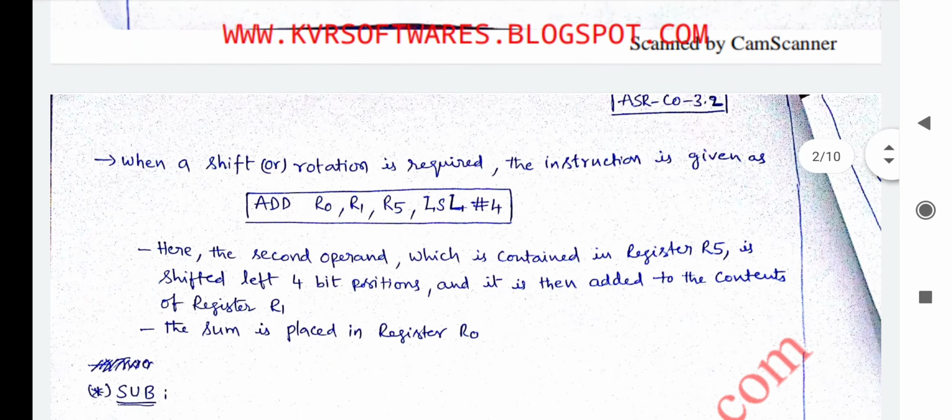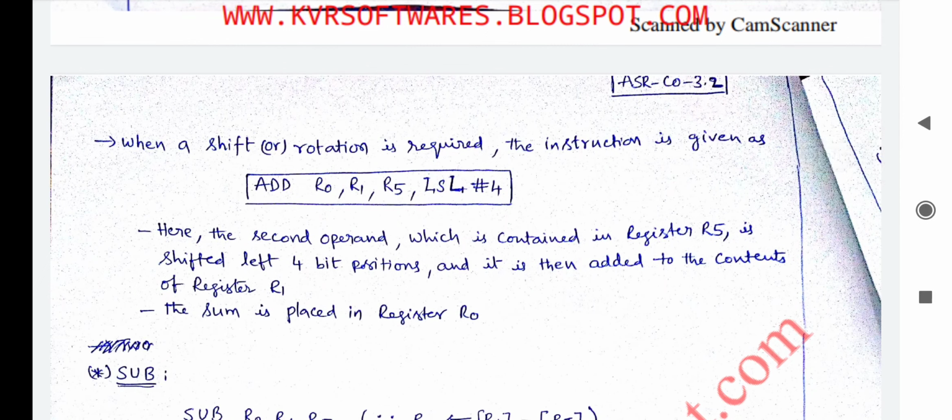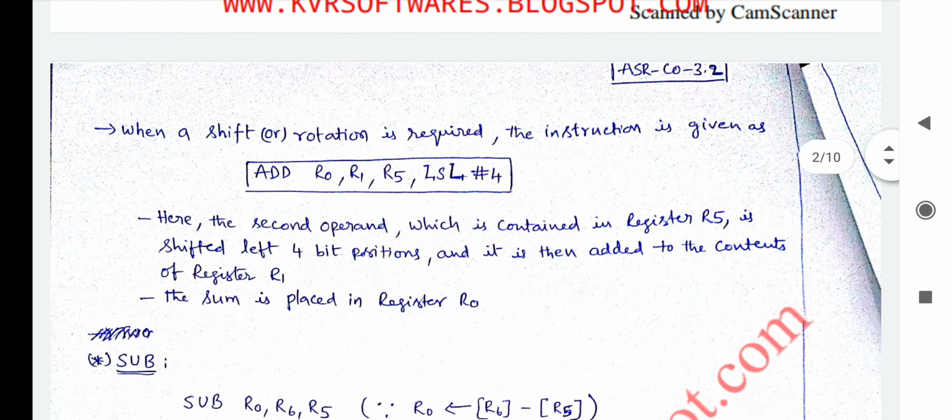And the third one is you can also use shift or rotate operations before adding. See, this instruction ADD R0, R1, R5, LSL, logical shift left, or logical shift right. We can use any type of shift or rotation operations and add.